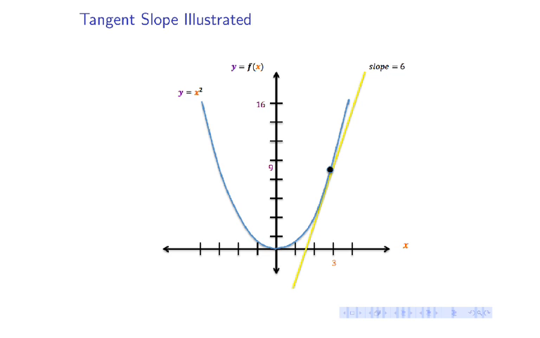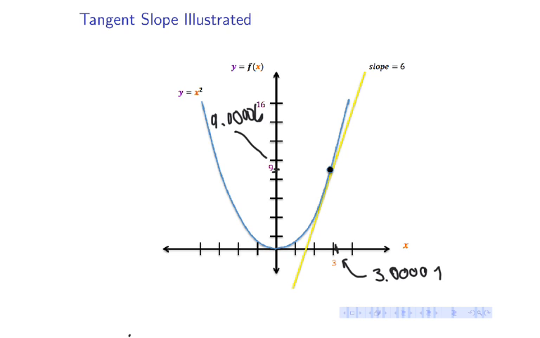Let's illustrate this using the current graph. By using 3.00001, which is really close to 3, and corresponds with a point that's really close to 9, which is 9.00006, by using those two points on our function, y equals x squared, we can find the slope of the line that is tangent to the point 3.